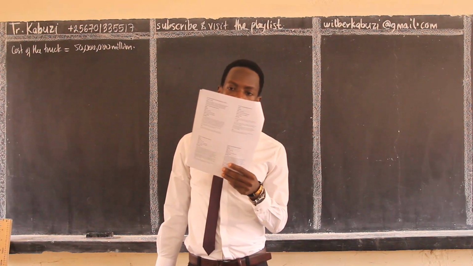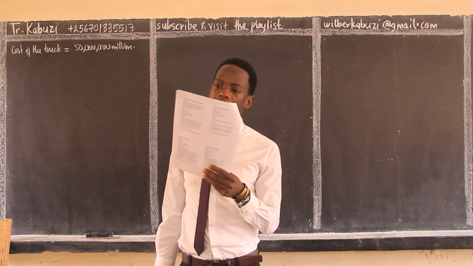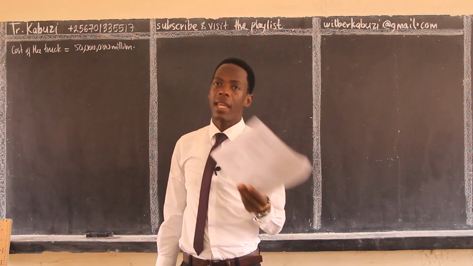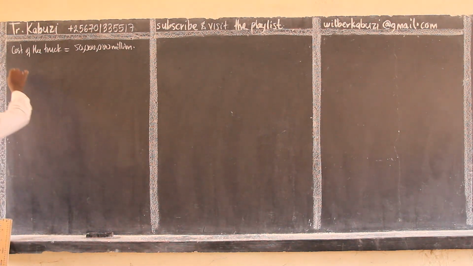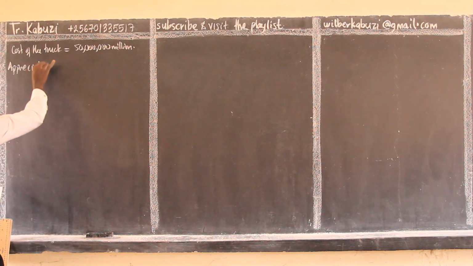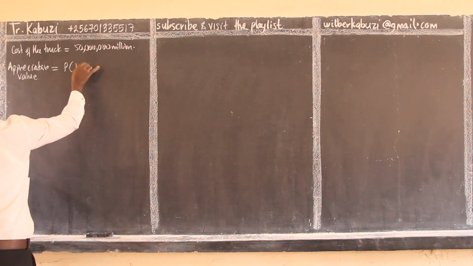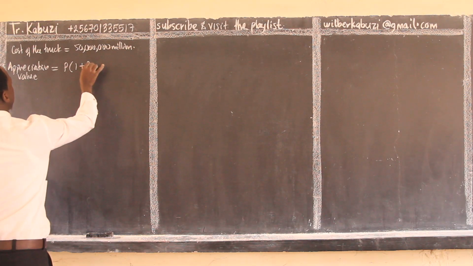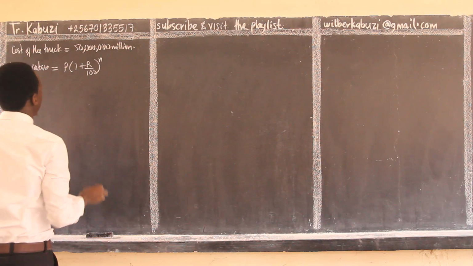It was observed that, due to the rising demand of the delivery service, it is expected to appreciate at an annual rate of 8% for the next 3 years. So you need to first get the appreciation value. You know that appreciation is equal to the price times 1 plus the rate over 100, then power n, where n is the number of years.